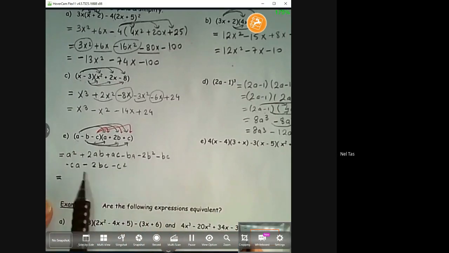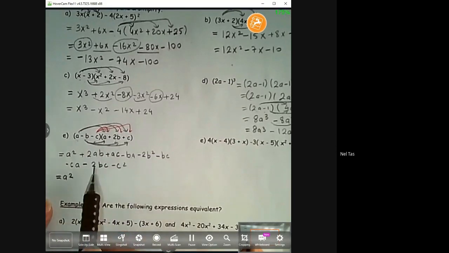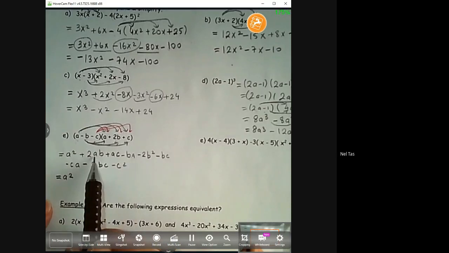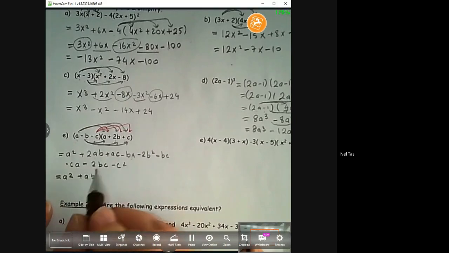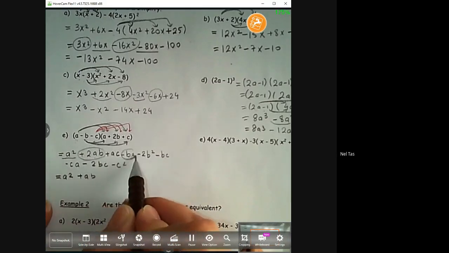Now we're going to collect the like terms. We have 1A squared. I don't see anything else. AB, we have 2AB, and we have BA. Again, BA and AB are the same thing. The order doesn't matter. So 2AB minus AB gives you positive 1AB. We use this so far.